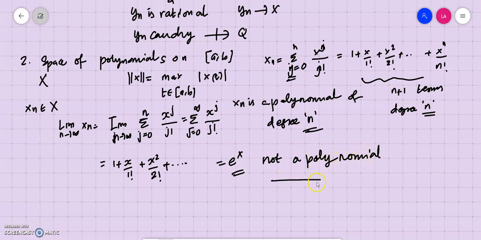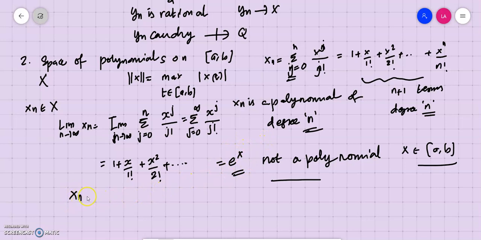So actually we have taken x as an element in the closed interval [a, b]. We have taken a polynomial sequence 1 plus x by 1 factorial, x square by 2 factorial, etcetera, up to x raised to n by n factorial, which is a Cauchy sequence. If we take the limit of that sequence, we get a series which is actually the series of e raised to x.